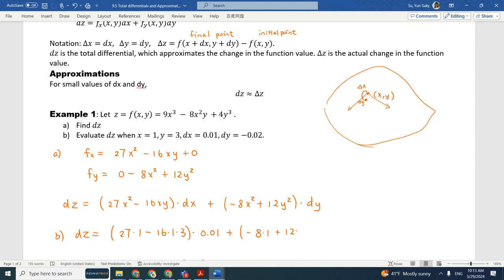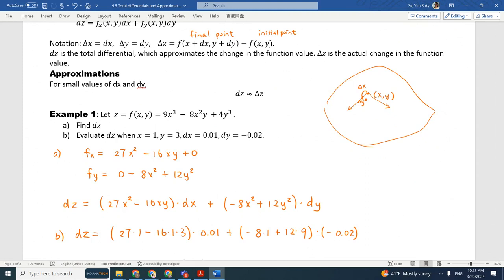What is 3 squared? 9. Yes. And dy? Negative 0.02. Everybody?